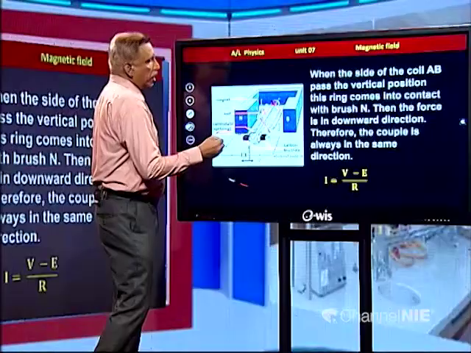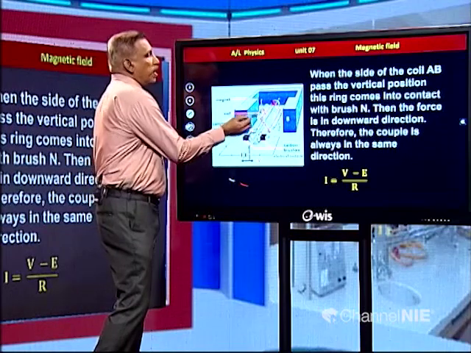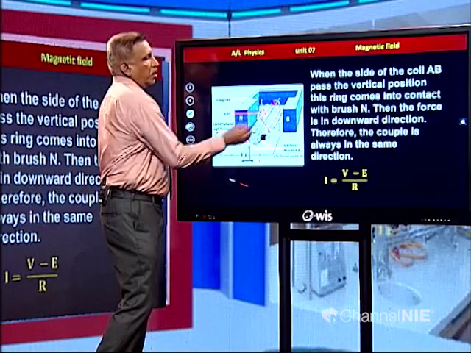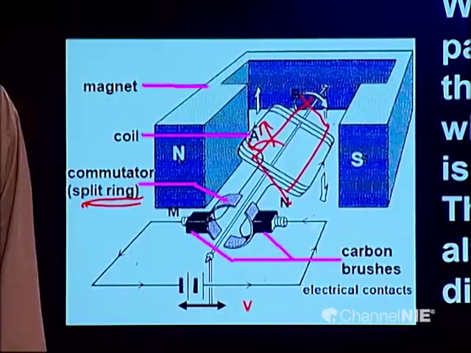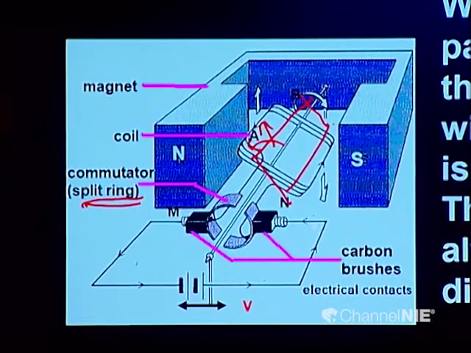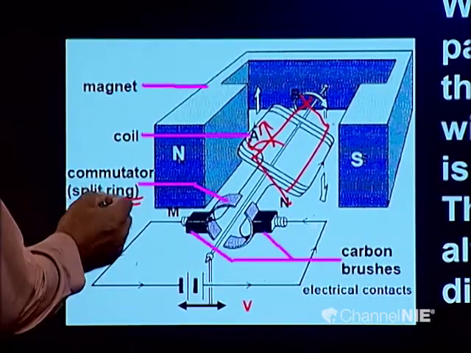If the force keeps acting like that, the coil will return.